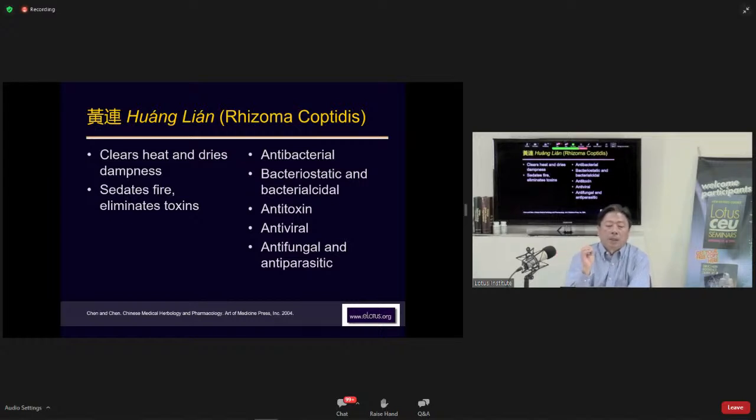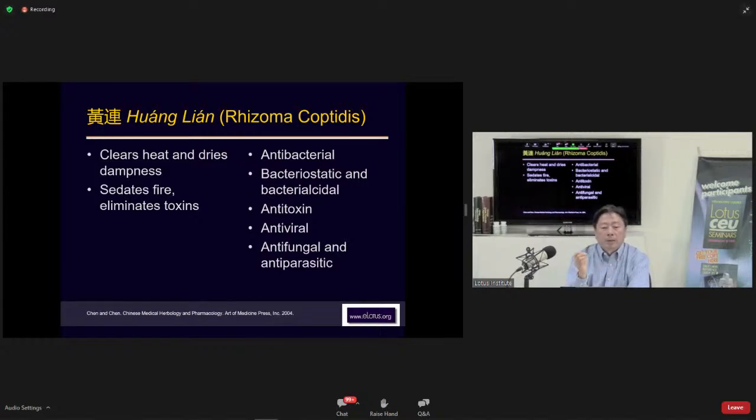So it's not enough to just kill the bacteria. You also want to address the complications as the bacteria dies. A lot of the herbs also have antitoxin effect once the bacteria is killed, to minimize the complications of treating the infection.